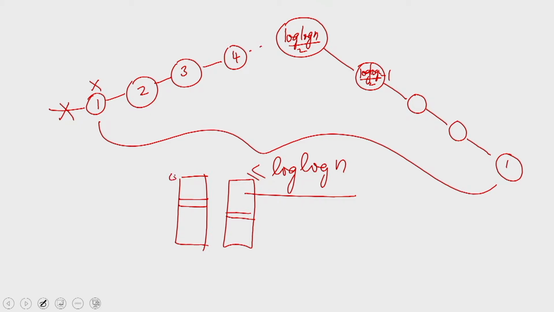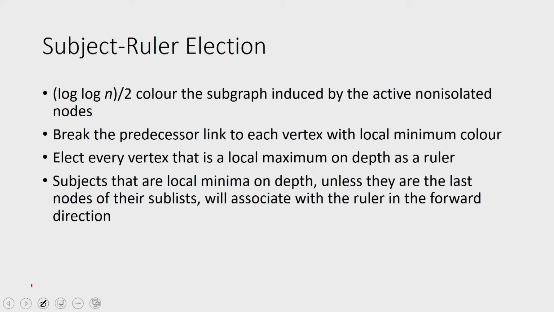So, this is at depth 0, this is at depth 2, and so on, depth 1 and so on, and the maximum depth in a column is log n minus 1. So, the various active nodes could be at various depths, and then these depths have absolutely no relation to the colors. Therefore, when we find the local maxima on the basis of depths, this will have absolutely no relation to the local minima that we found earlier.